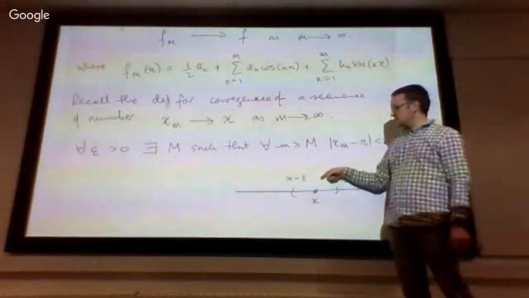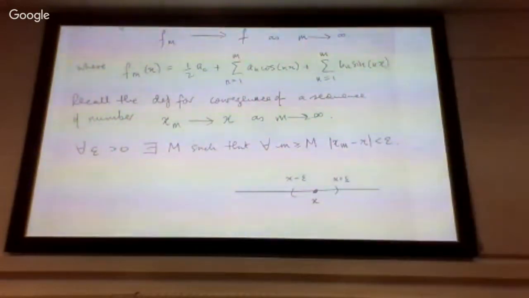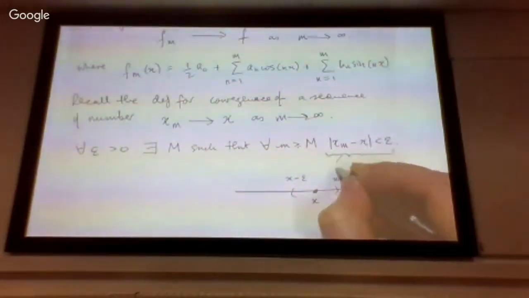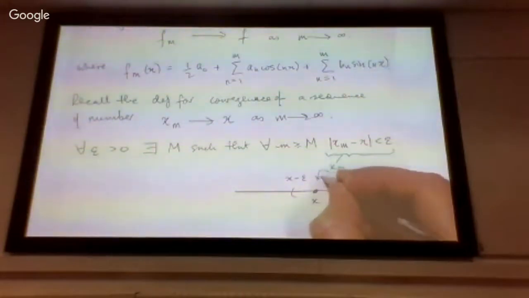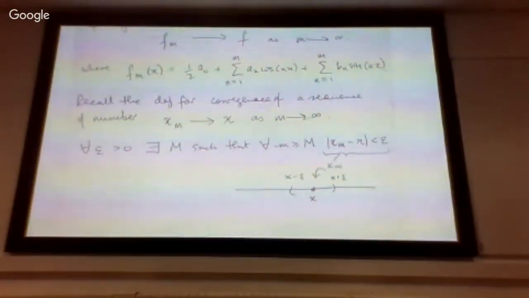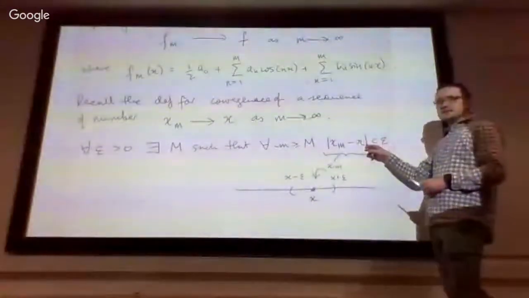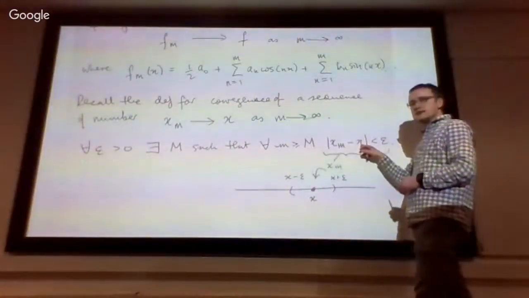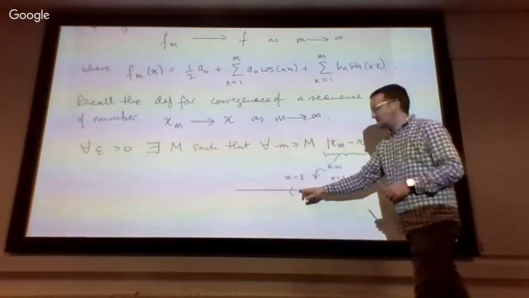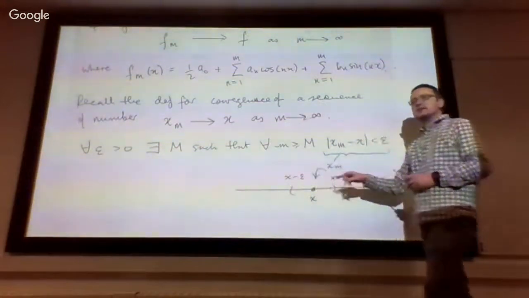That means the sequence element is living somewhere inside this interval. The absolute value of xm minus x is the physical distance from xm to x, and it's less than epsilon, so xm must be somewhere in here. If it's outside here, the distance to x is bigger than epsilon.